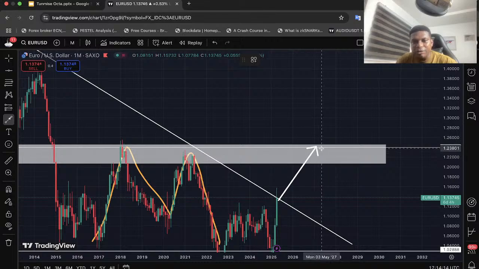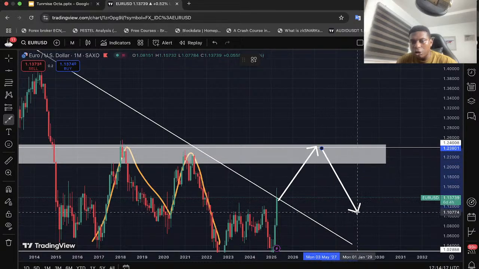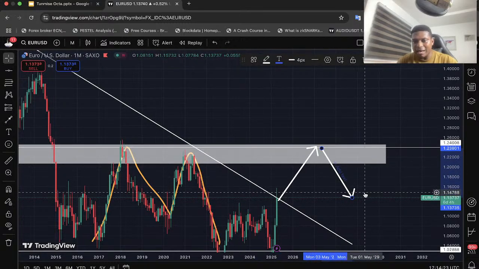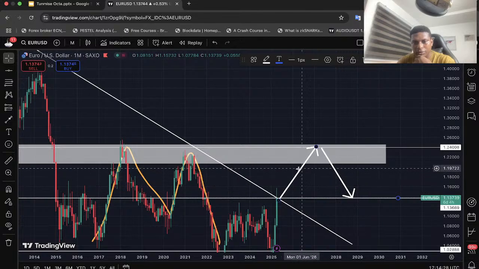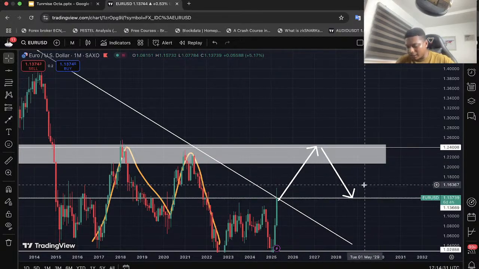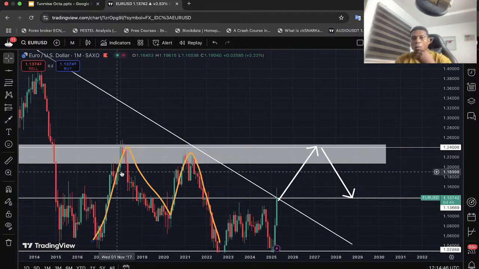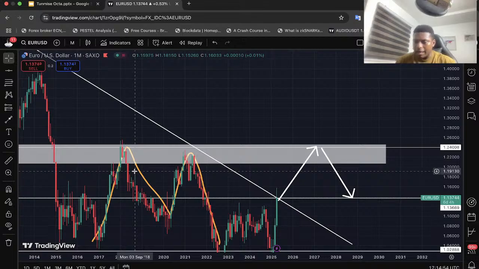The probability would be that price would most likely turn back at this level. So the probability that price would reverse when it gets to where there has been a significant footprint is higher. So when there is a significant footprint, price reverses.